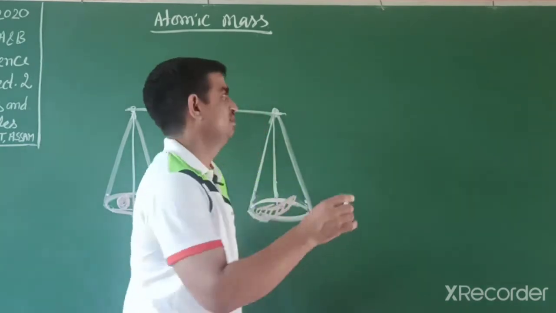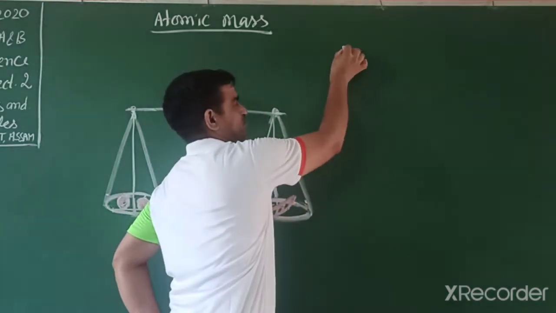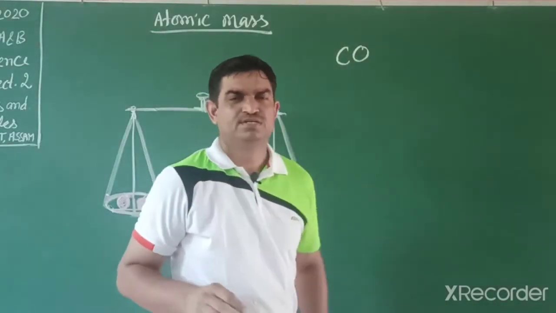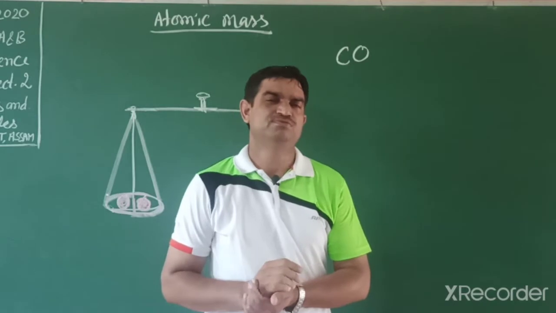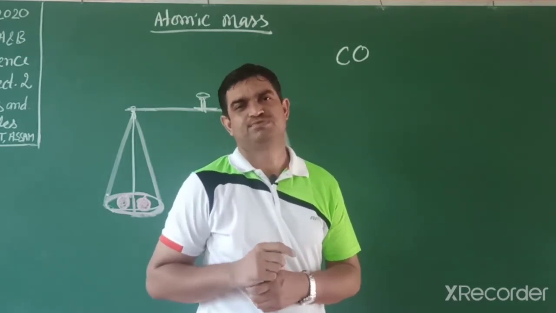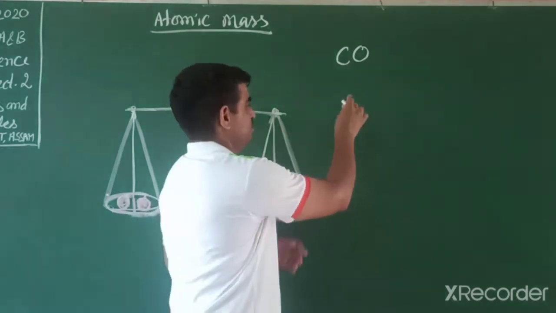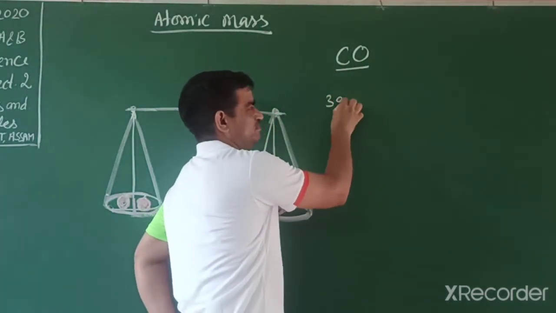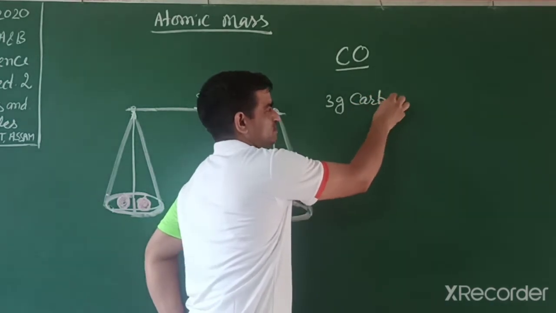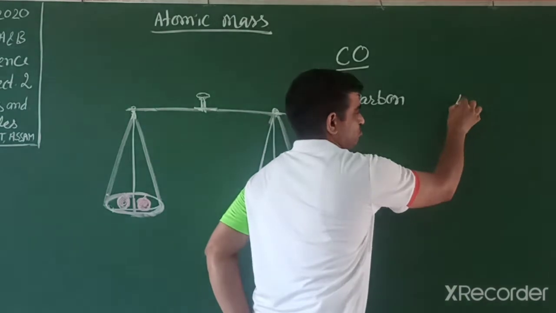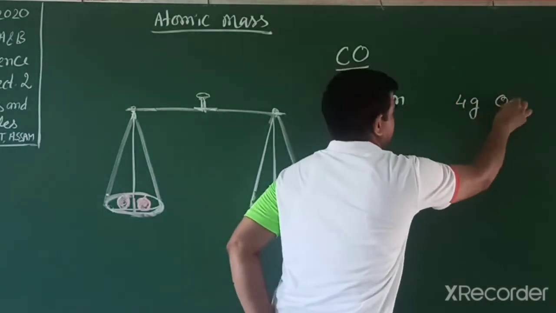For example, in the compound carbon monoxide, it is experimentally found that 3 gram carbon reacts with 4 gram oxygen.